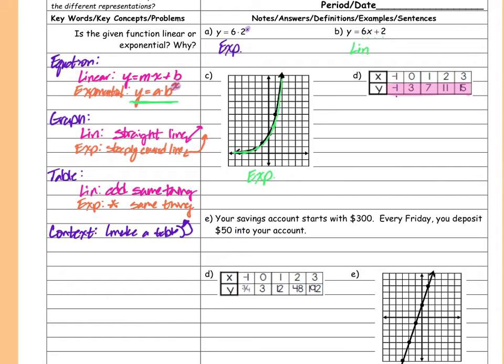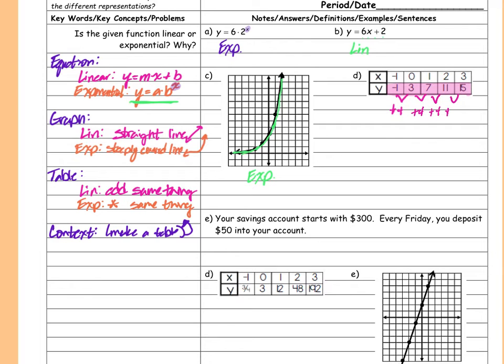So what do I do to get from 1 to 3? Add 4. And 3 plus 4 is 7, so I'm adding 4 again. And 7 plus 4, 7, 8, 9, 10, is 11.